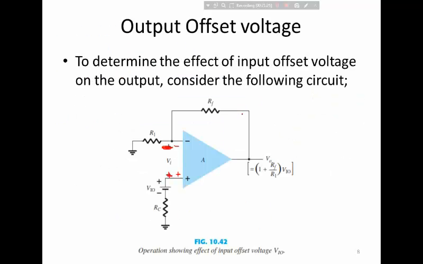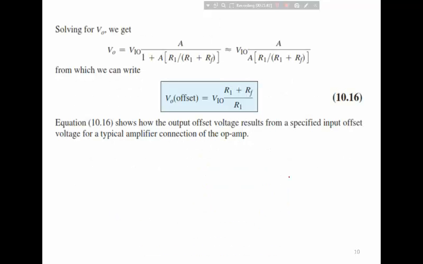We already know that for a non-inverting amplifier, the gain is 1 plus RF over R1, and output is equal to gain times input. So this equation shows how the output offset voltage results from the specified input offset voltage for a typical amplifier connection.